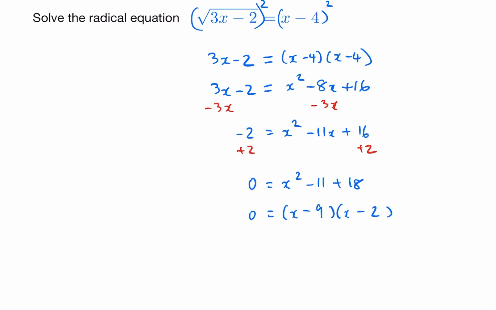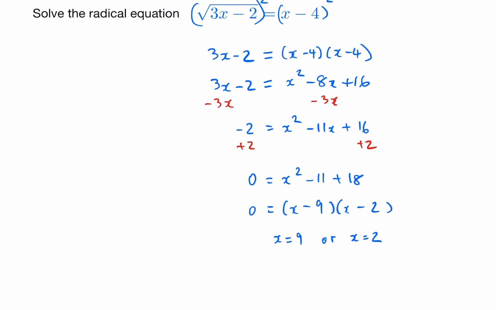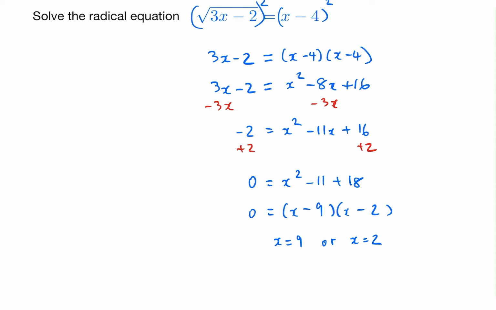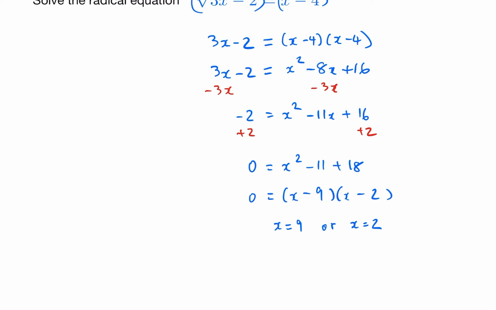Using the zero product property, we find that x is equal to 9 or x is equal to 2. Now we're going to have to check this. I'll do this in a different color.